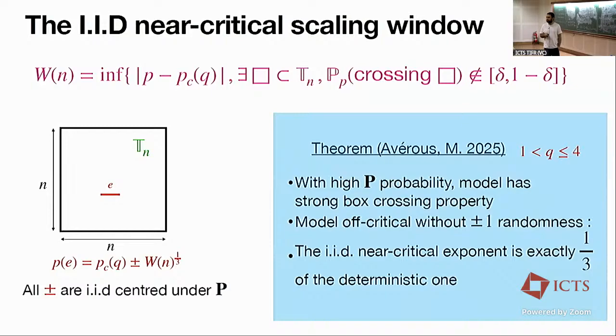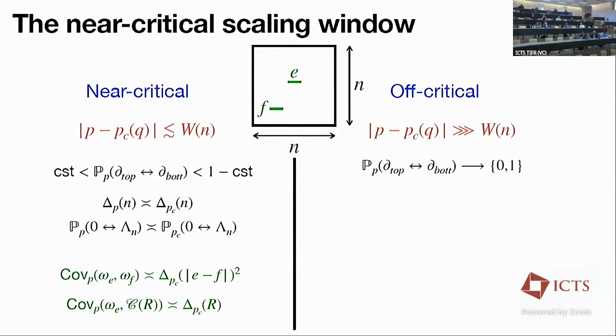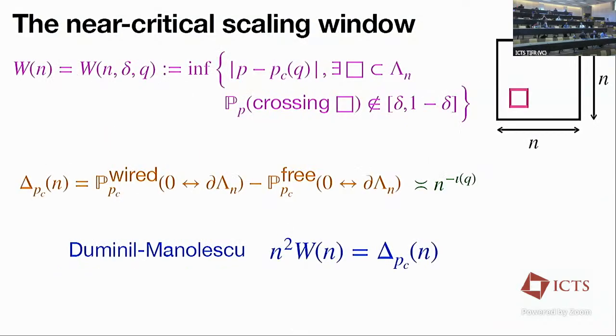I just have a question about this scaling relation of Hugo and Mano. How is it possible? Isn't that telling you that the scaling window is always smaller than 1/n squared immediately? I'm confused. But for Ising, you said it was 1/n. So maybe I messed it up.